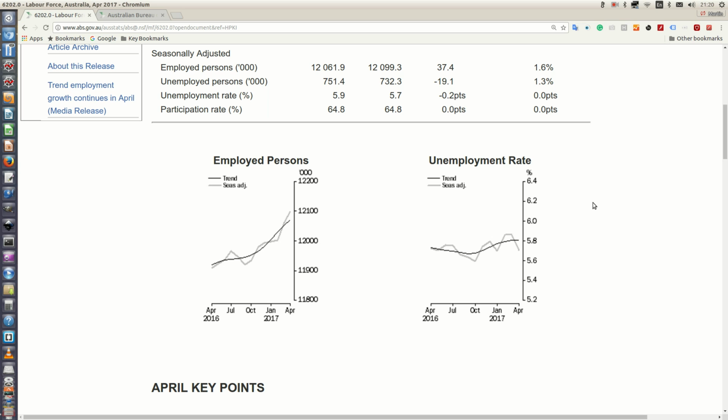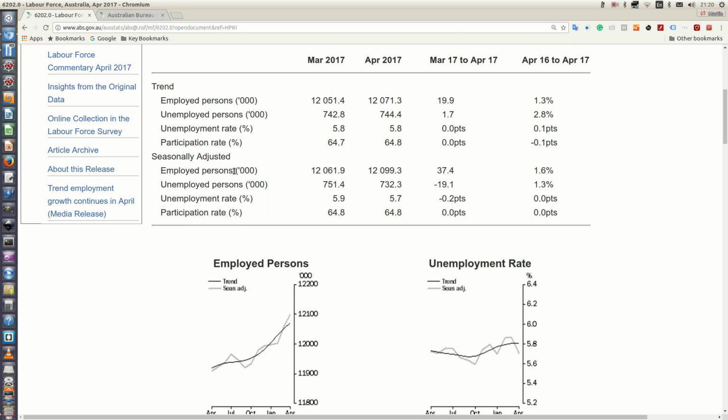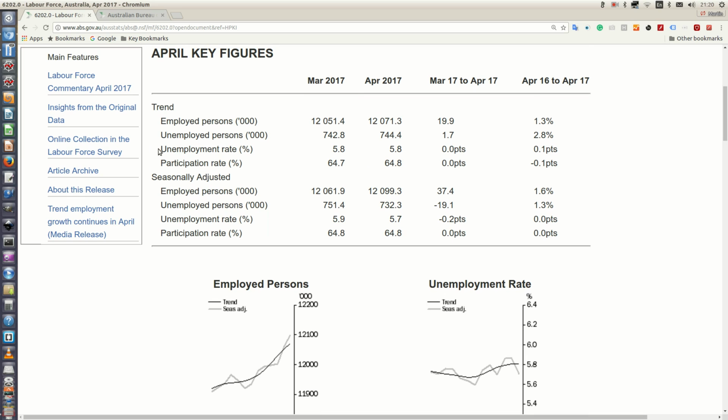Taking a look at that trend estimate that the Australian Bureau of Statistics has published for the unemployment rate, we see that in March it was 5.8, in April it was 5.8, so the movement between March and April was 0.